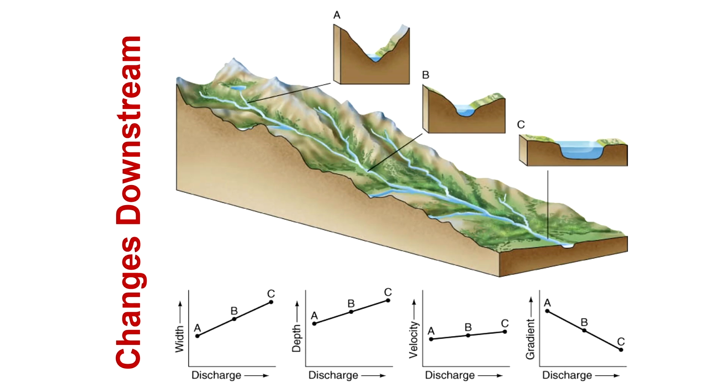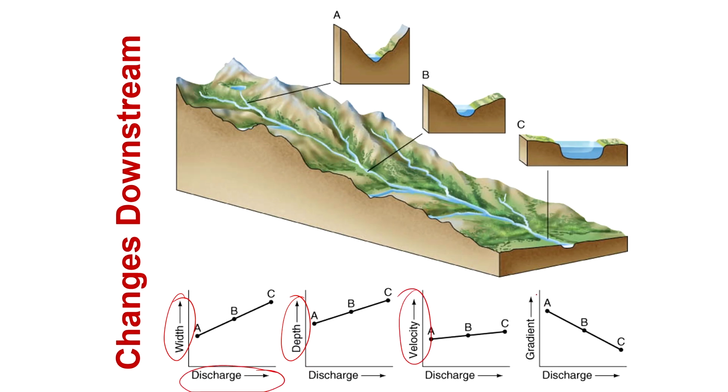So channels' cross-sectional shapes, if you see from upstream to downstream side, typically vary, and this figure also explains discharge with respect to the width of the channel, with respect to the depth, with respect to the velocity, and with respect to the gradient. So the discharge remains the common parameter, but these change.